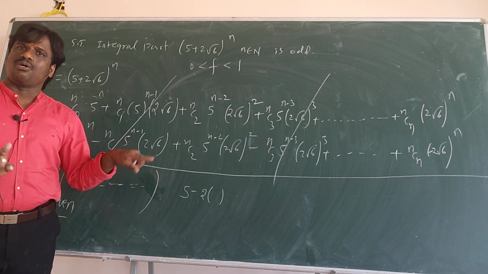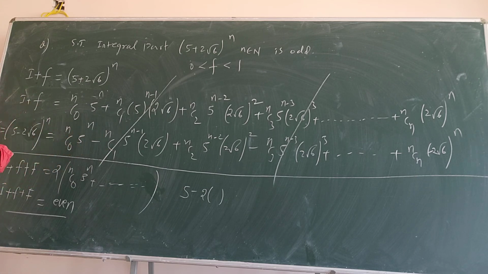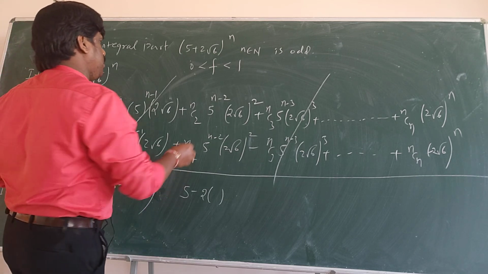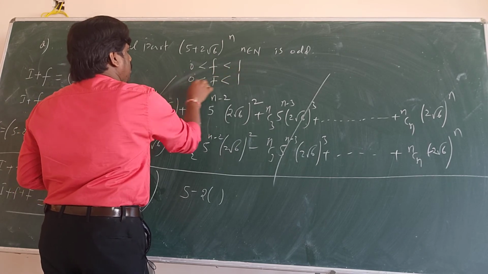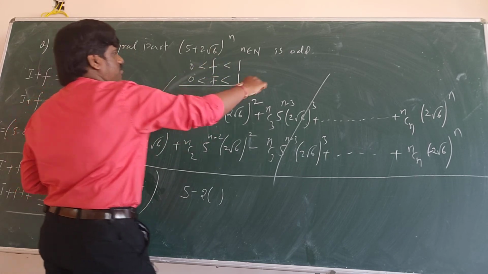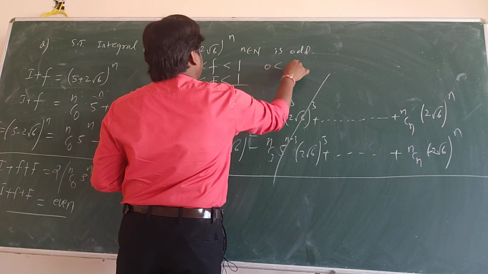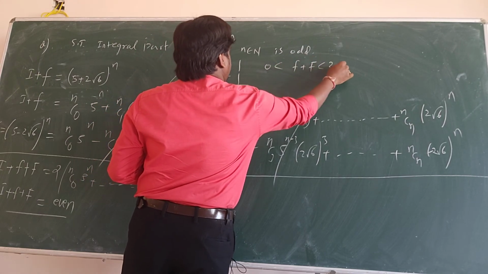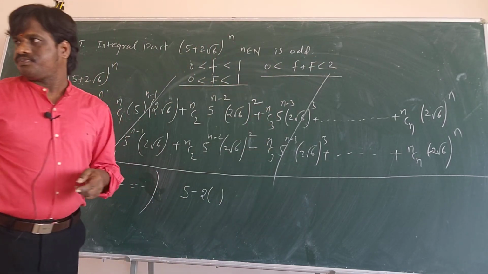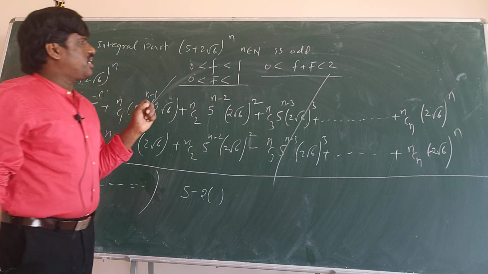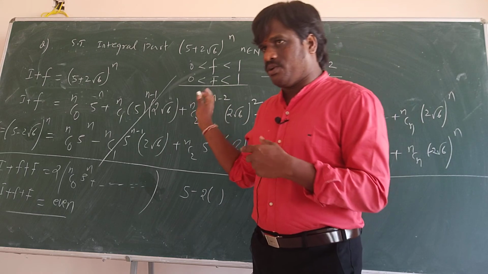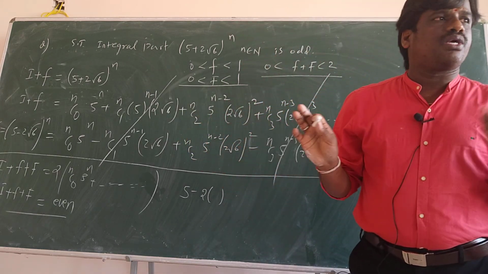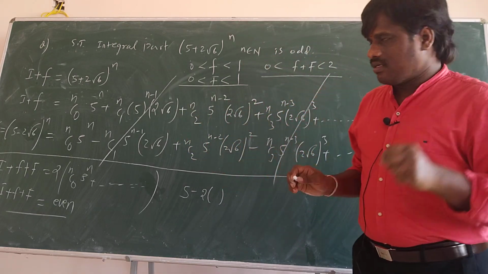Here it is 0 point something, so capital F lies between 0 and 1. Now the addition of both, f plus capital F, lies between 0 and 2. We require only the integral part, and the integral part of 0 to 2 is 1.